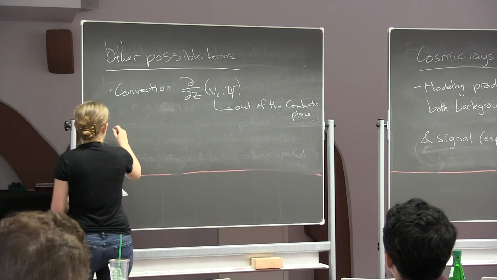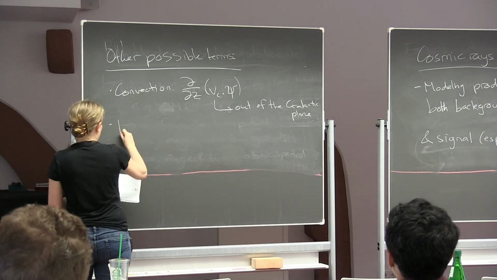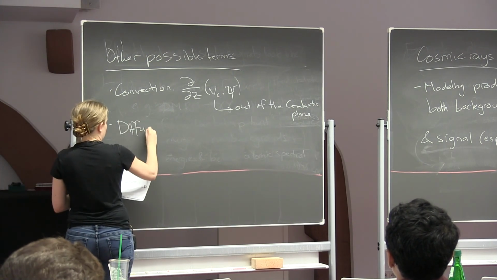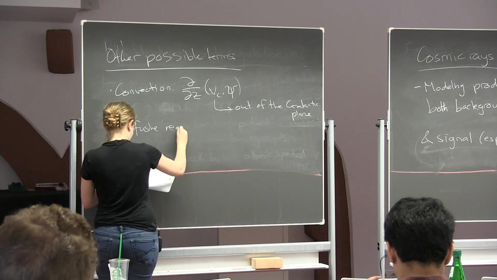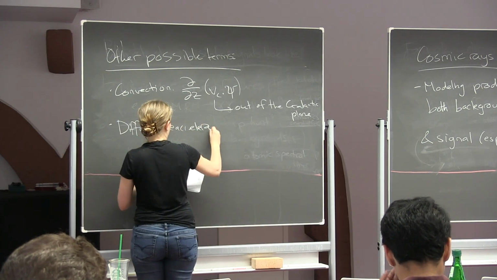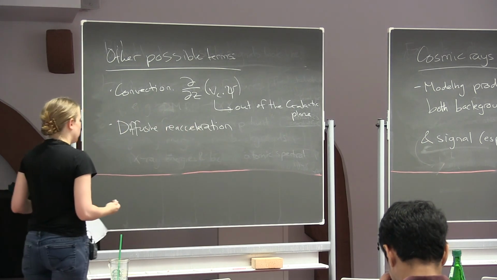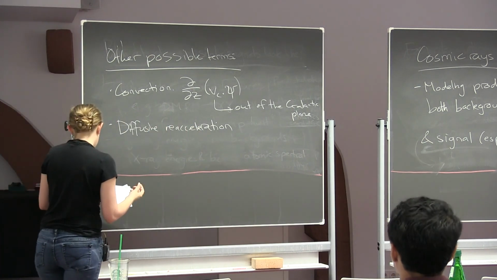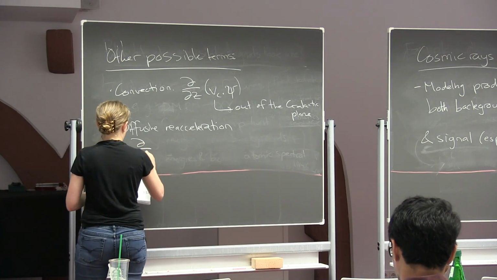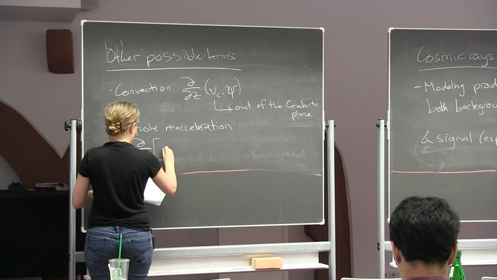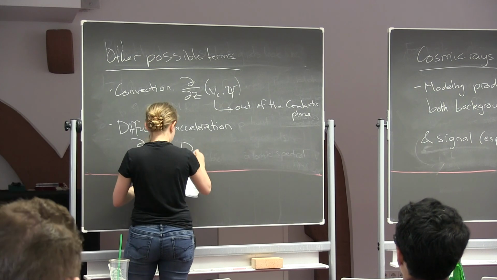You could include a term that's called diffusive reacceleration. So the cosmic rays, after being produced, can be reaccelerated, even as they're diffusing. This gives you a term that is like diffusion in momentum space.